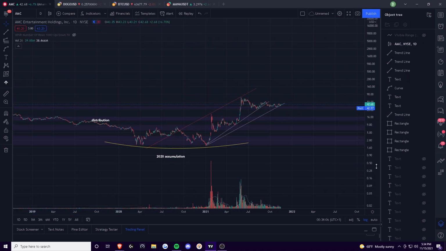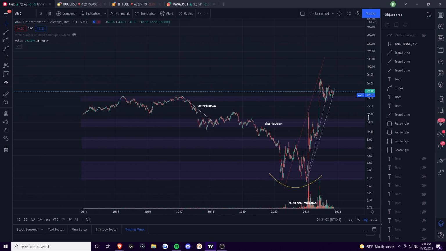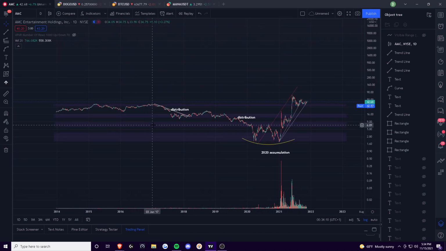Let me remove this line. These purple zones that you see here are just support and resistance zones that have been developed over time. You can look at these as institutional liquidity zones, so where institutions have been tending to sell as well as tending to buy, and just general trading ranges that are significant in the price history of the stock.